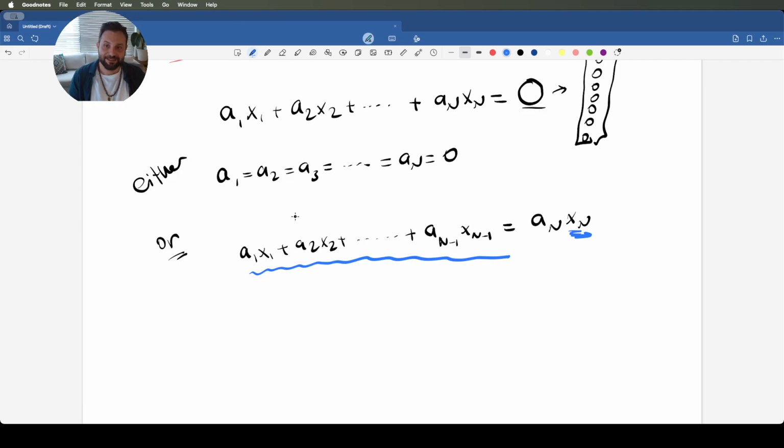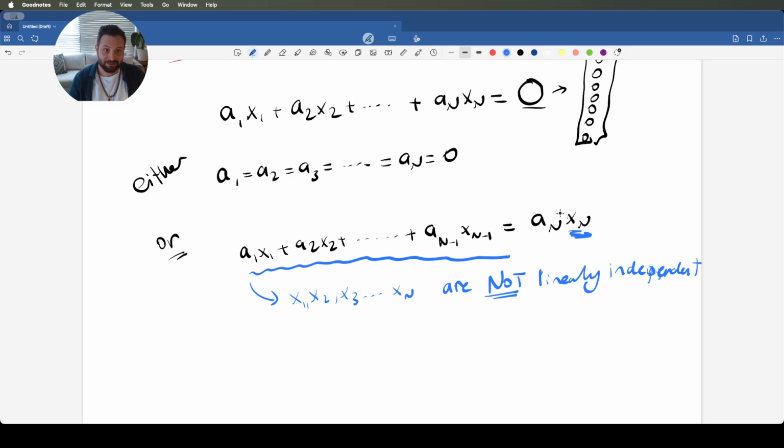So if the second one is happening, I can call x1, x2, x3, and so on up to xn not linearly independent, right? So what does this mean?